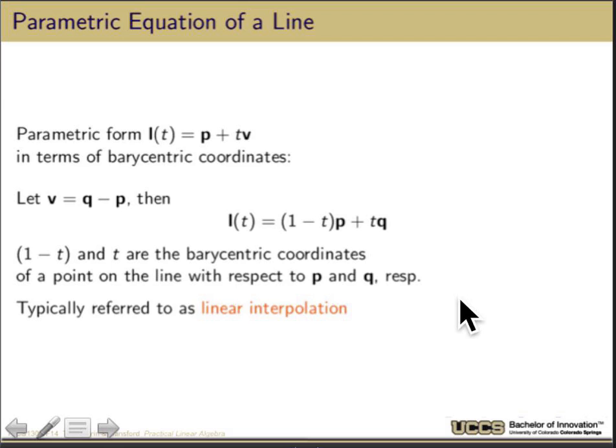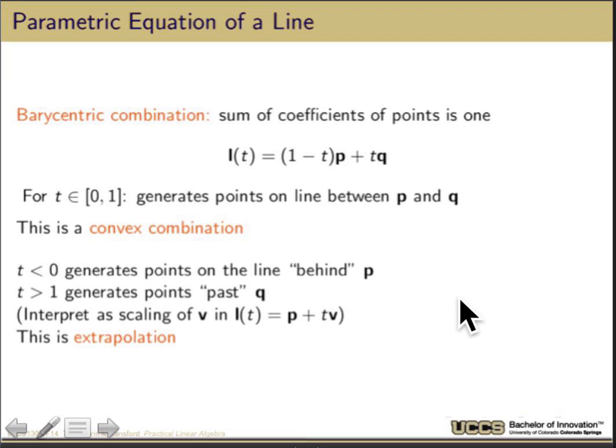Some people use the word interpolation only when t is between 0 and 1, and extrapolation when t is greater than 1 or less than 0. So if we look at this idea of barycentric coordinates, the sum of the coefficients is always 1. So this gives us the idea of having points in between. This is a convenient way of representing a parametric line segment, because t is just going to go from 0 to 1.